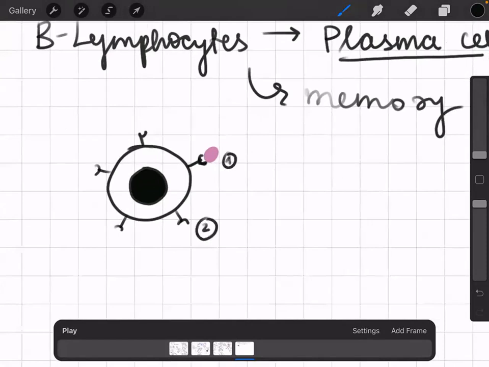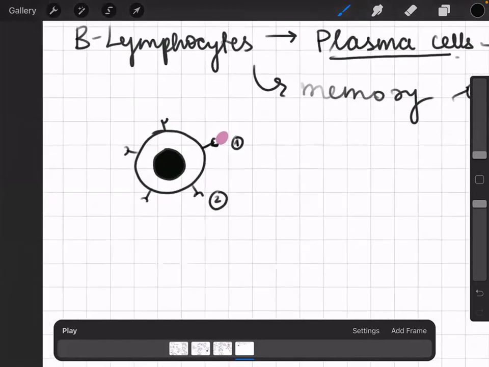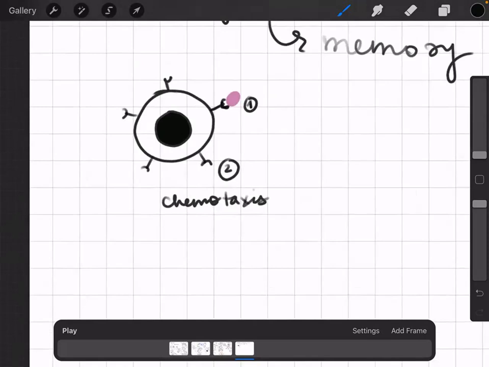The first response is that it identifies the pathogen and attaches to it. As soon as it attaches, it starts secreting chemicals to begin the process of chemotaxis. Using this chemotaxis, it brings in a very particular kind of cell, called the T helper cell.